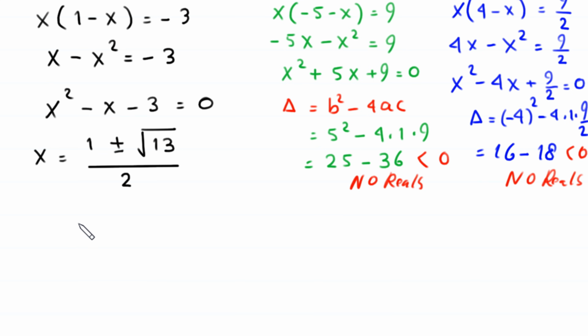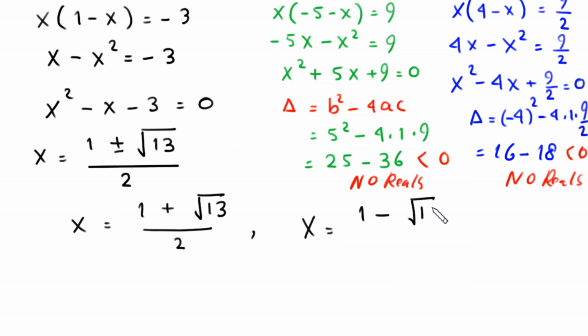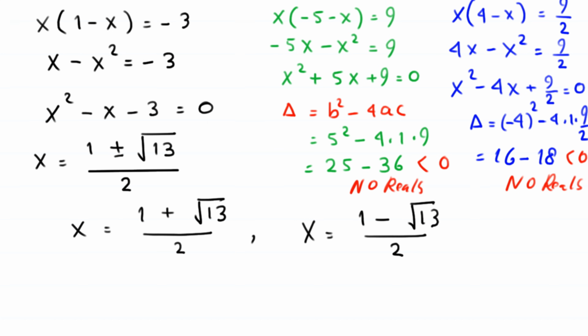It means that we get two values of x. X is equal to (1 plus root 13) over 2. Second is x is equal to (1 minus root 13) over 2. Now we check the validity of these two solutions by using the domain.